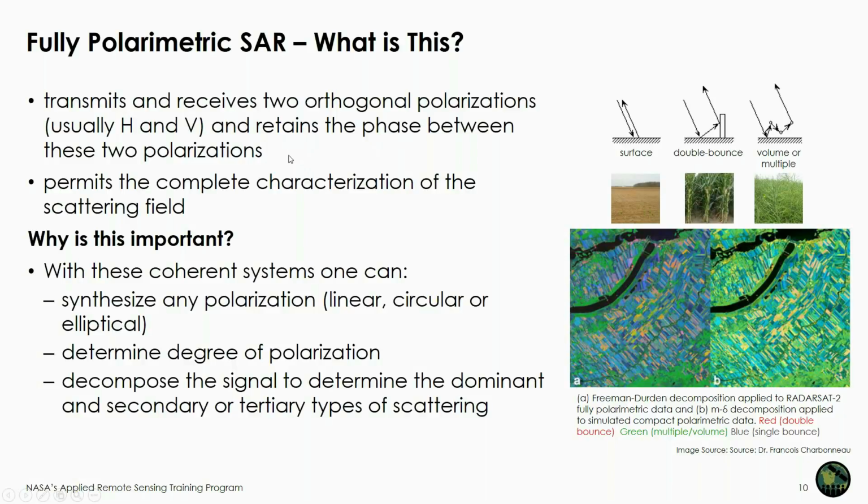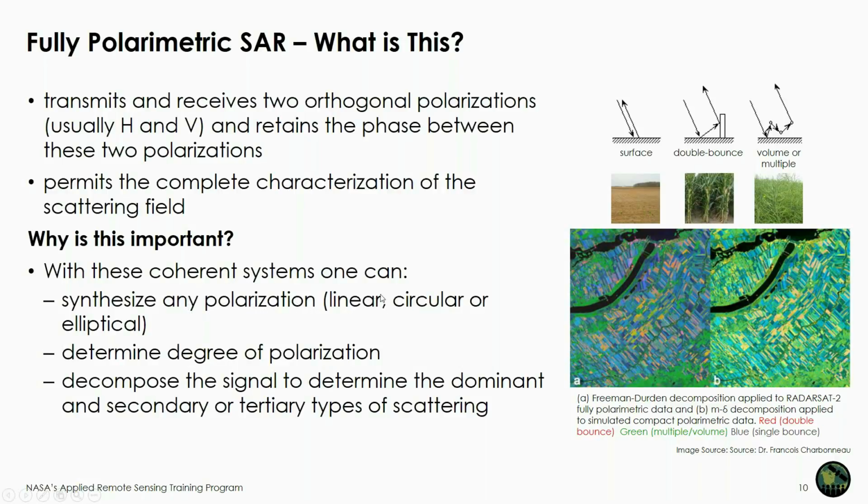Because we have two orthogonal polarizations and we have phase retained between them, that allows us to completely characterize the scattering field of our target. This is important for many different reasons. With these coherent systems, these polarimetric radars, we can do a lot of different information extraction from a single radar image. We can take a fully polarimetric image and synthesize any polarization.